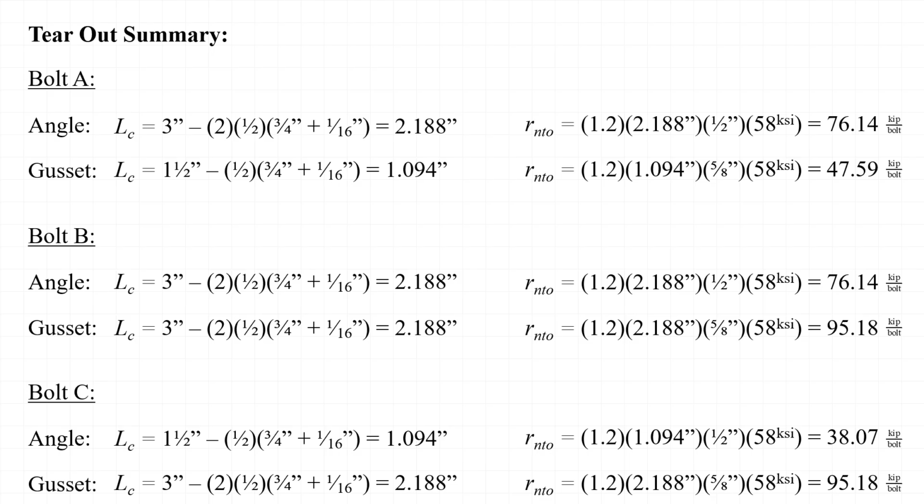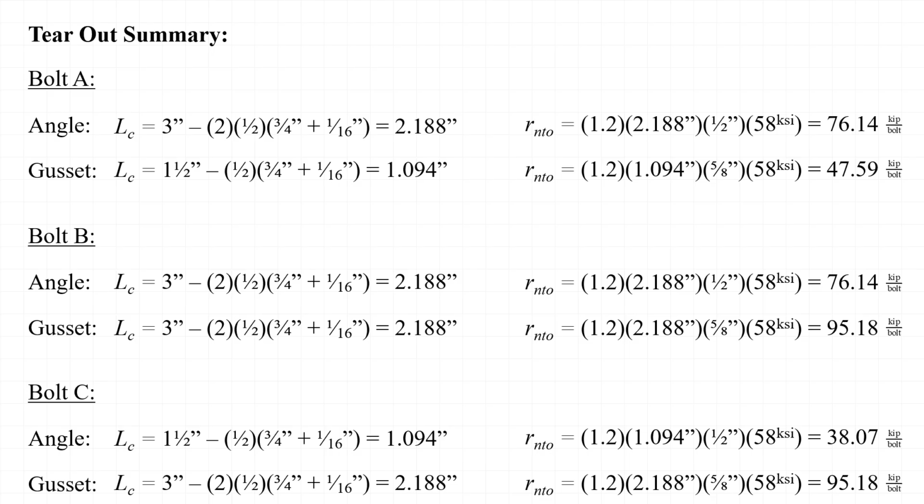In this case, with a single column of bolts parallel to the axis of the angle, there is a first bolt, bolt A, an interior bolt, bolt B, and a last bolt, bolt C. This can result in 3 different strength values, and then considering that there are typically 2 plate elements being joined together, it results in 6 different strength values in total.